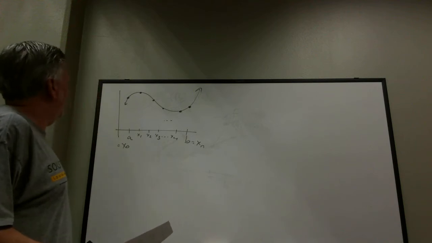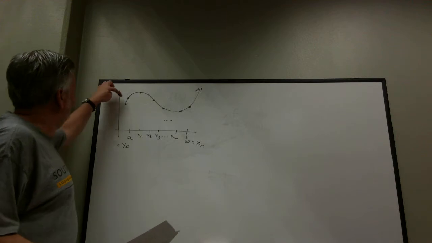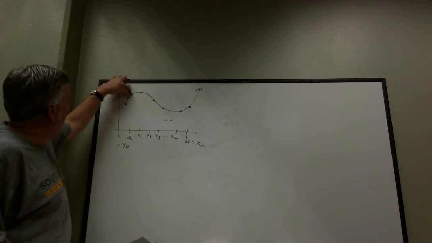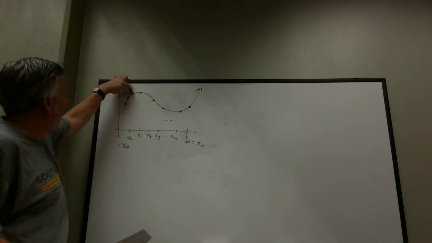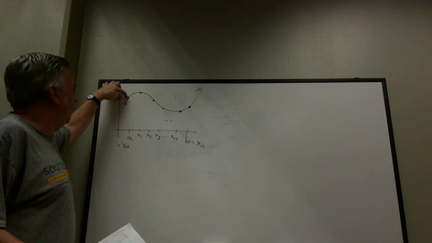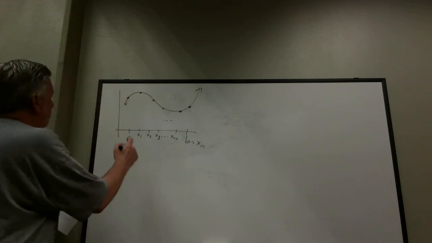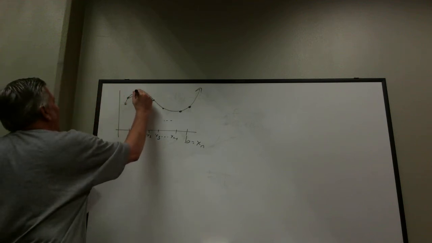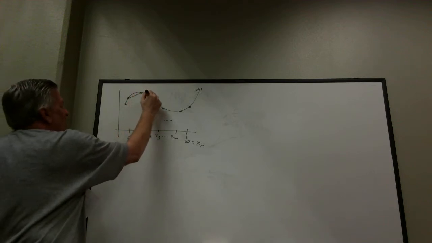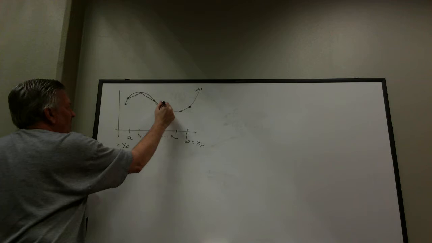Now, how are we supposed to estimate the length of the curve from here to here? Well, what's something that we know how to find the length of? A line segment. So why don't we find the line segment from here to here, find that distance, and then the segment from here to here, and the segment from here to here, and you keep going.